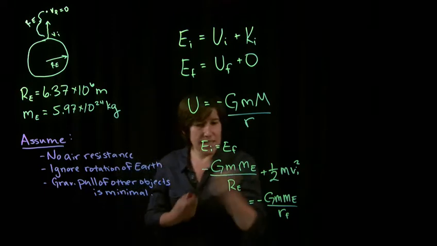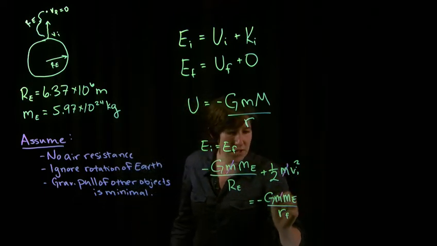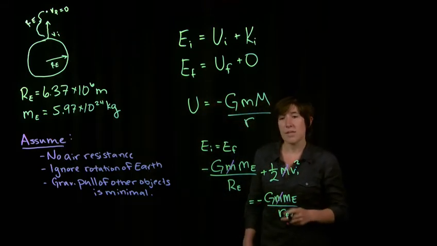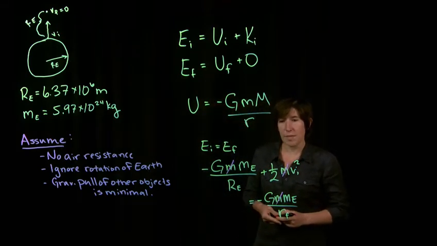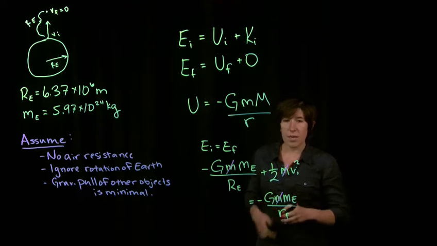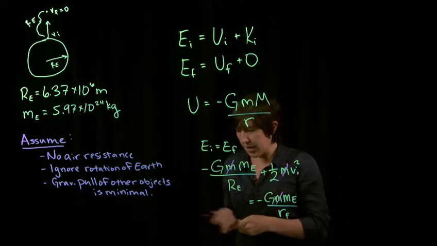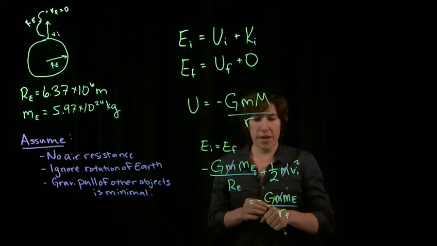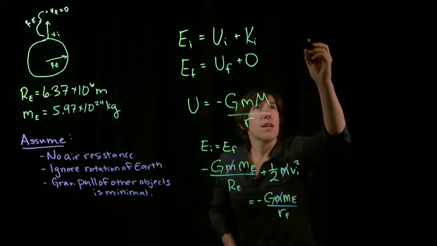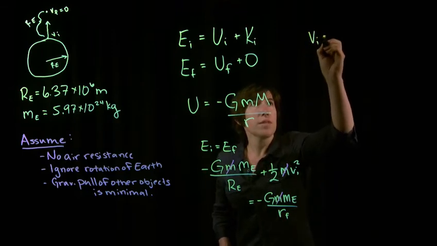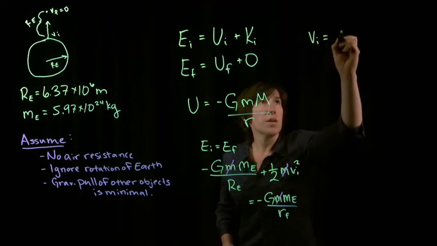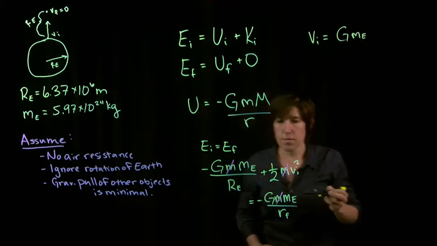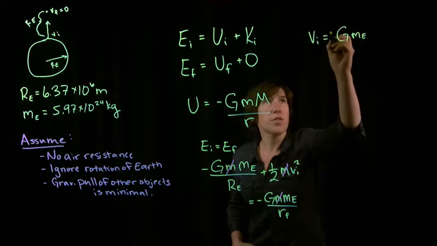And what we see is that the mass of your friends cancels out. So this is going to be something that's independent of the mass of whatever it is you're shooting up. And now we can solve for this initial velocity that you need to shoot up your friend with. And what we find is that the initial velocity squared is equal to G times the mass of the Earth, times we'll get a factor of 2.